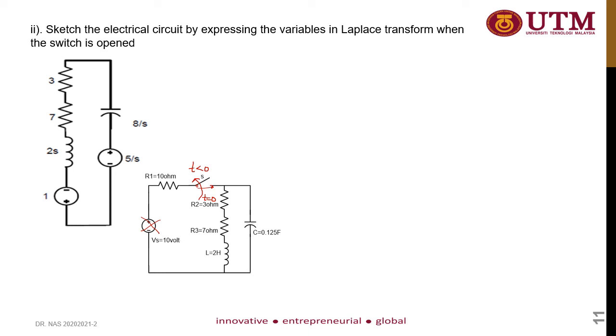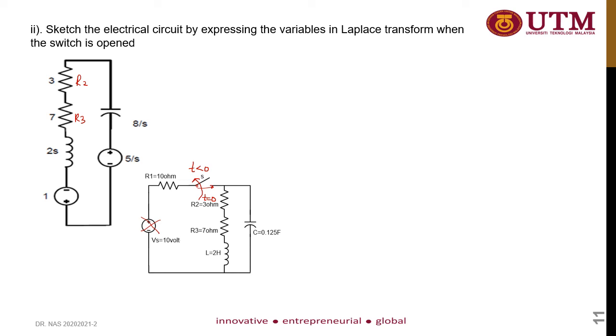So this is your R2, and then this is your R3, and then this is your L. So this question asks you to use Laplace transform when the switch is open.